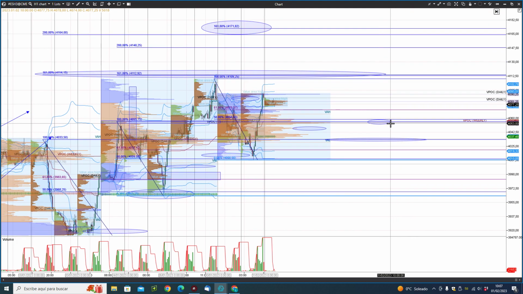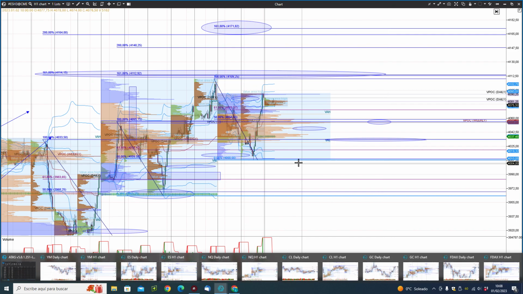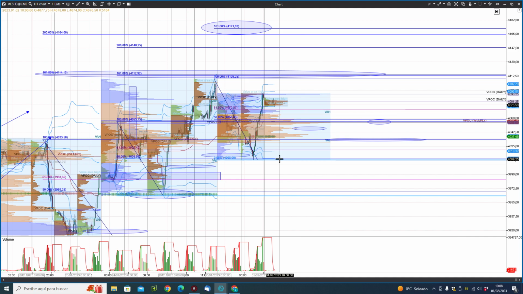Lower targets, 4,054, this high volume node, and the other high volume node that is exactly on last weekly VPOC. It's on 4,032. Of course, there is another target, 4,009, and the typical 4,000 round number.